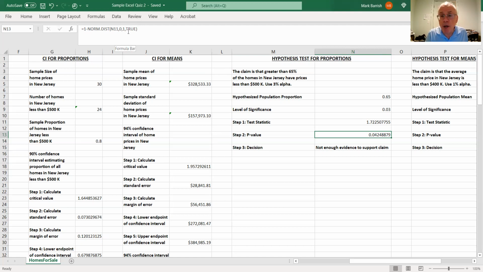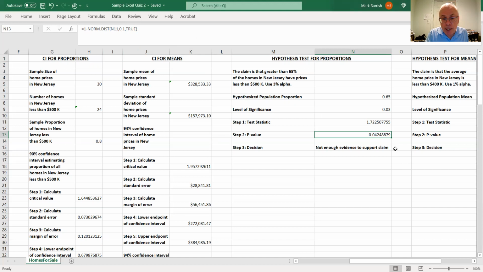It's referring to whether we're using a CDF here. Remember, to find probabilities with the normal distribution, we use normal CDF in our calculator. Yes, we want to use CDF, so we're going to say TRUE to that. Remember, we have to type it in as capital letters. Close parentheses, and we get our p-value, 0.042.